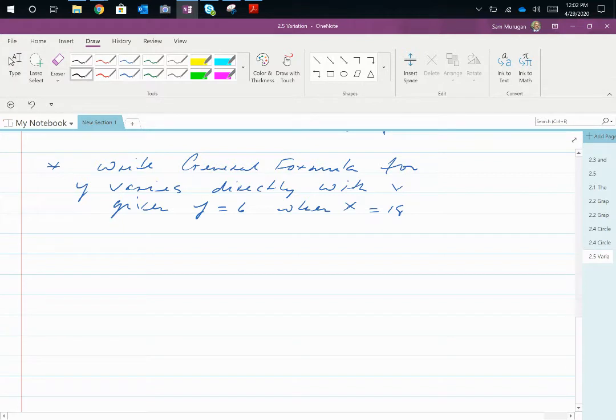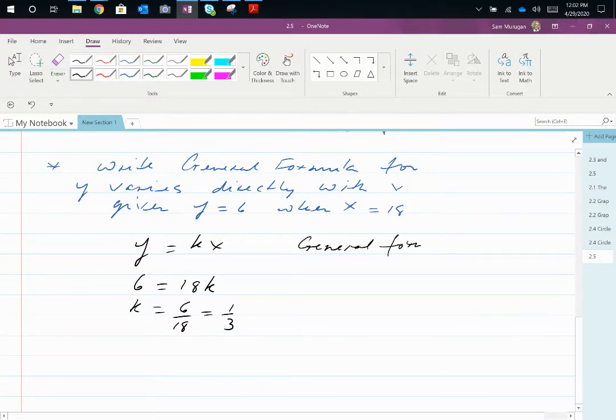So this variation is direct, so y is equal to kx. Substituting, we have 6 is equal to 18 times k. So k is equal to 6 over 18 reduced to 1 over 3. So the general formula we take from this, y is equal to 1 over 3 x.